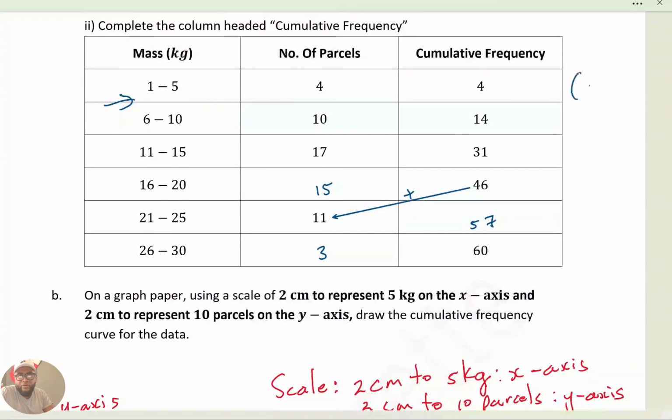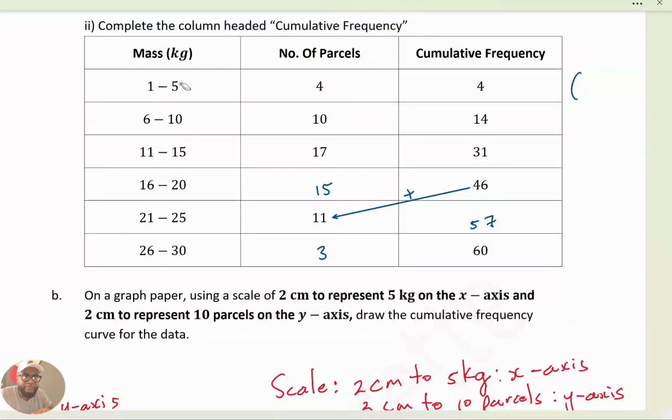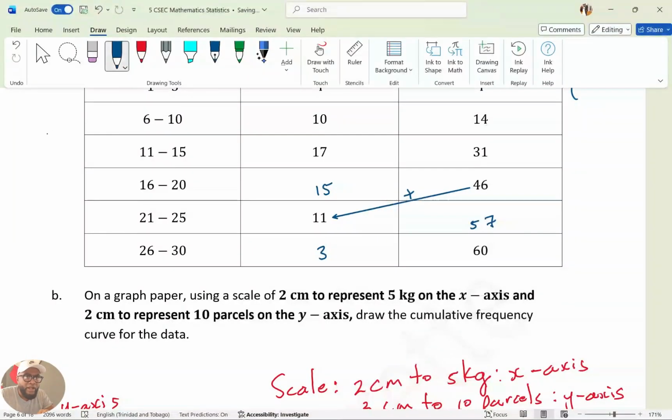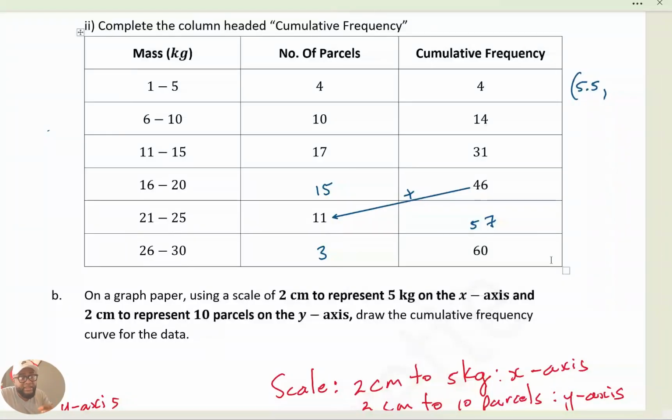I'll write the coordinates in the corner here. What is the upper class boundary for 1 to 5? 5.5 comma what? What is the cumulative frequency for that first class interval? What is the number in the cumulative frequency column? Come on, come on.